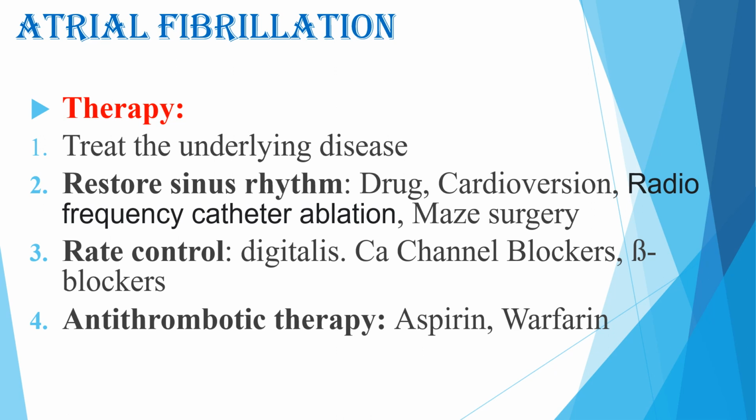Treatment for atrial fibrillation. As with atrial flutter, the first and foremost treatment is to treat the underlying disease. The second goal is to restore sinus rhythm. To restore sinus rhythm, administer drugs; most often the drug of choice is amiodarone or cordarone.